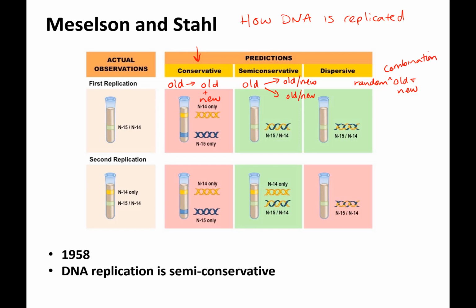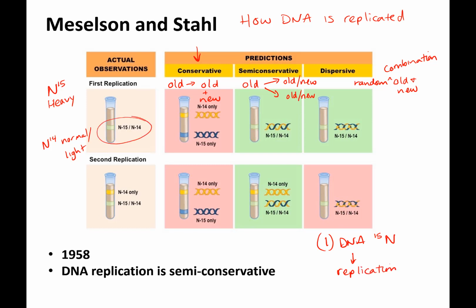Okay. So what they did is they had nitrogen, and N15 is what we call heavy, has an extra neutron, and N14 is the normal or light. And so they first made the DNA in the heavy nitrogen, and then let it undergo replication.